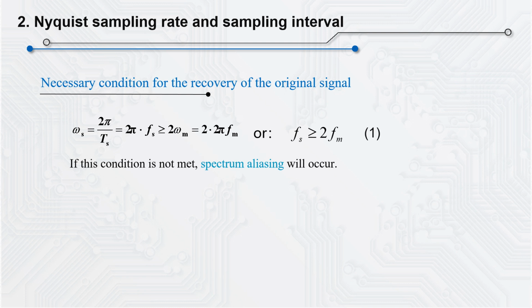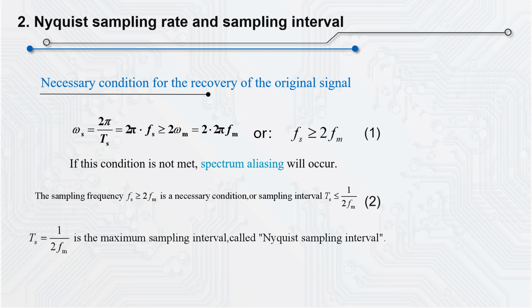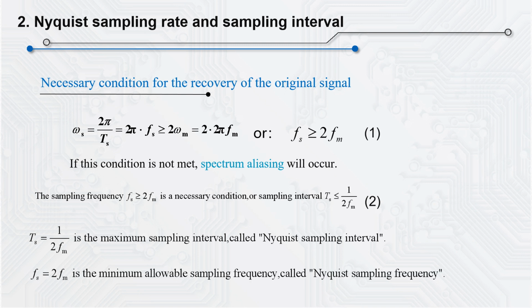If the condition is not met, spectrum aliasing will occur. Here, Ts is equal to 1/2fm. In other words, its sampling interval cannot exceed 1/2fm. 1/2fm is the maximum sampling interval, which is commonly known as the Nyquist sampling time. Similarly, fs is equal to 2fm. It is the minimum sampling frequency, which is called the Nyquist sampling frequency.